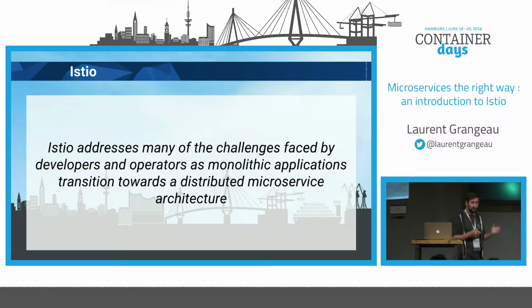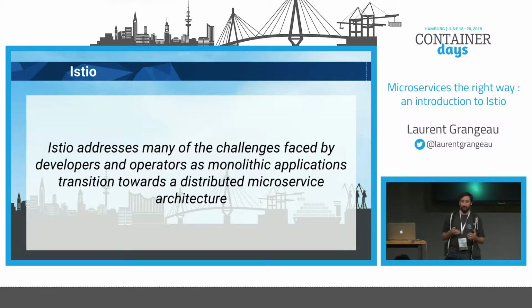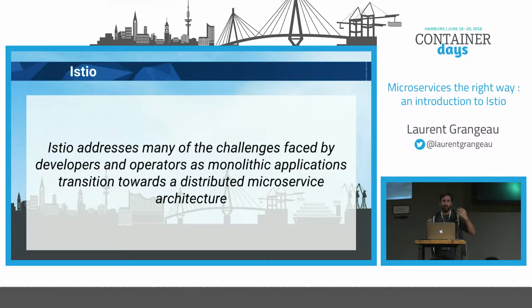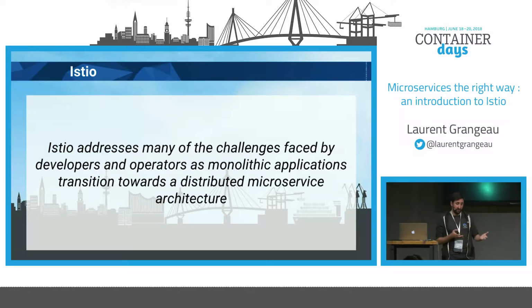So Istio, I don't know how to pronounce it, addresses many of the challenges you face when you are dealing with microservices, like A/B testing, plugin deployment, service mesh, of course service discovery, load balancing, and other things like rate limits, security policy, and of course monitoring and telemetry.